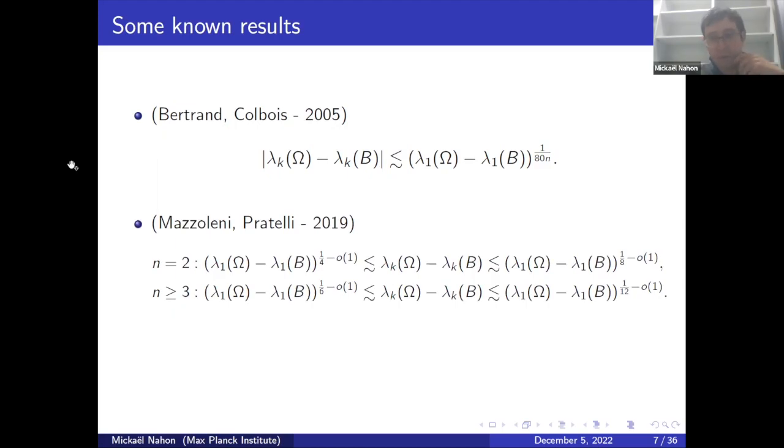You have a more recent paper of Mazzoleni and Pratelli, where they have exponents that depend on the dimension and whether you take an upper bound or lower bound. But more or less, you have an exponent like 1/12 minus epsilon, for an arbitrarily small epsilon.